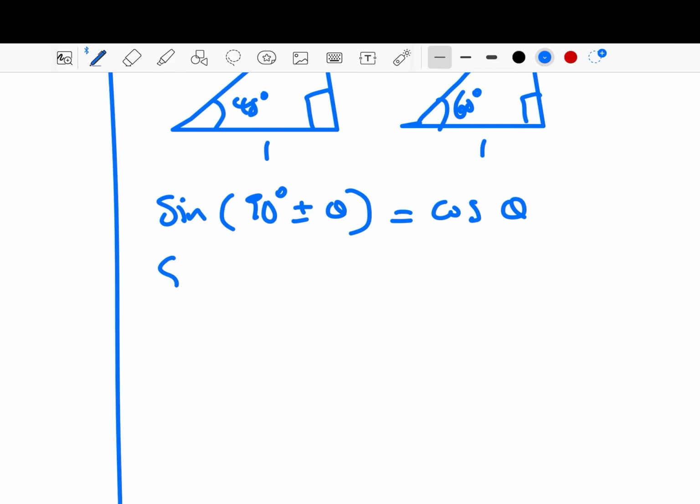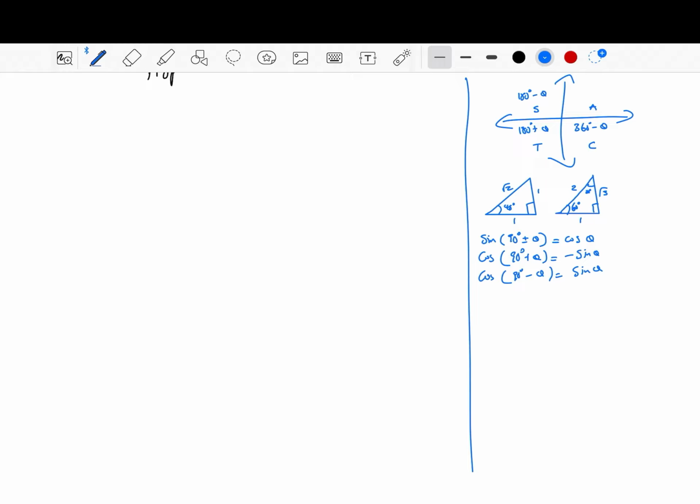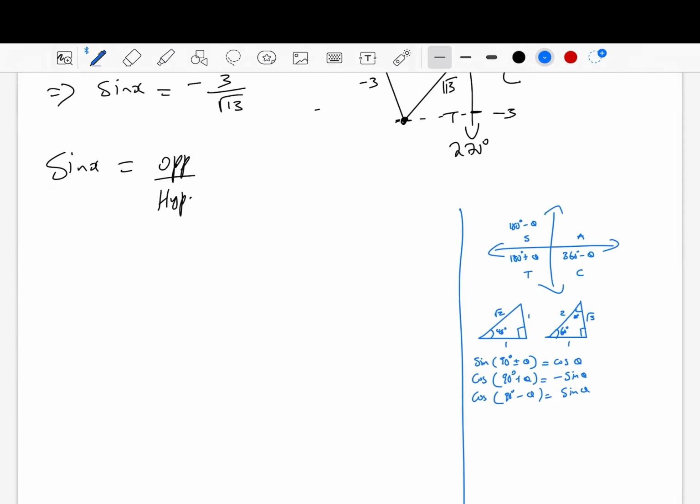But if you have cos of 90 degrees plus theta, this is going to give you a negative sine theta. But if you have cos of 90 degrees minus theta, it's going to give you a positive sine theta. These are the things that you need to know.